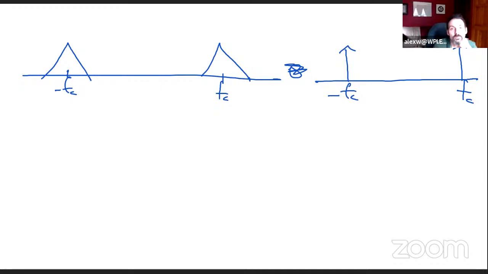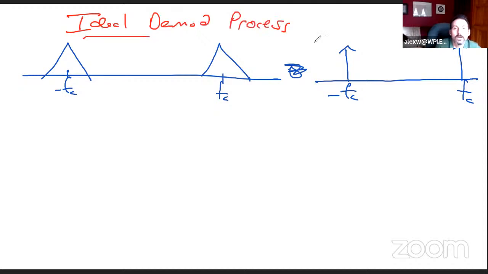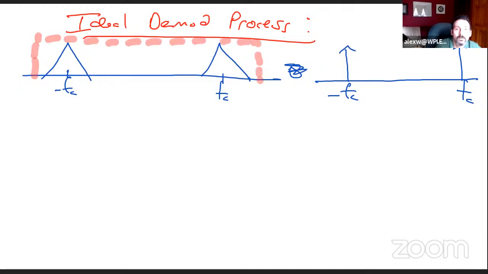So this is the demodulation, the ideal demod process. Here's 0. You would literally treat this as that block, and you would convolve against each of the deltas.